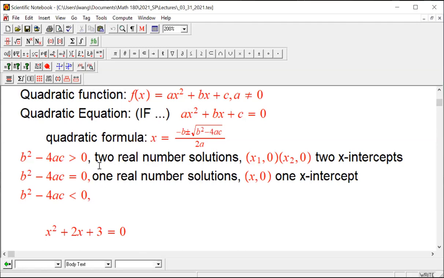So in this case, instead of having two real number solutions, we have two complex number solutions. And we know that complex numbers find no place in the rectangular system we know of. So this is the case that we have no x-intercept.